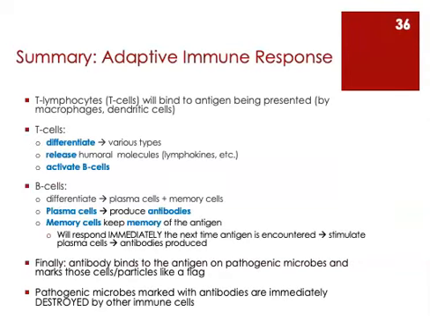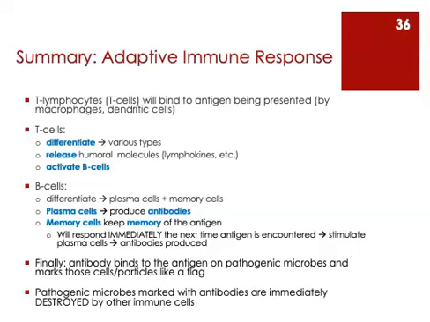T lymphocytes, or T cells, are going to be presented with antigen from invading pathogenic microbes. The cells doing that presentation are macrophages and dendritic cells. The T lymphocytes are going to bind to the antigen that's being presented to them.